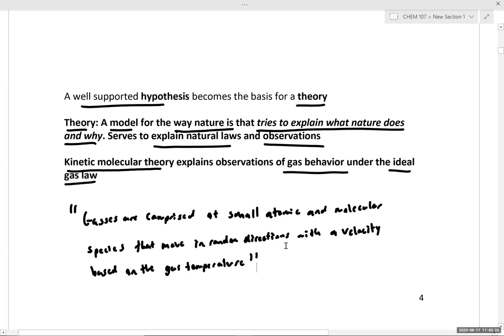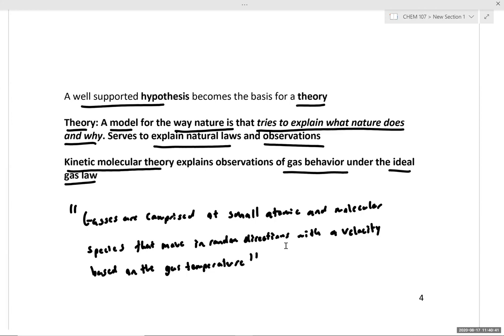Okay, so this kinetic molecular theory helps explain why at low temperatures, as the gas particles are moving less rapidly, they're hitting the walls of the balloon less frequently, and the balloon shrinks as a result.